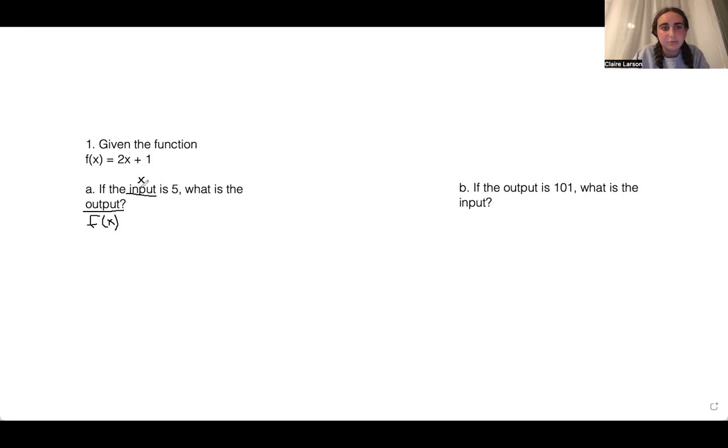Since 5 is what x is, we plug in 5 anywhere we see x. So we rewrite this as f of 5 equals 2 times 5 plus 1.